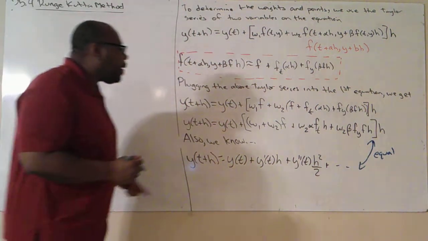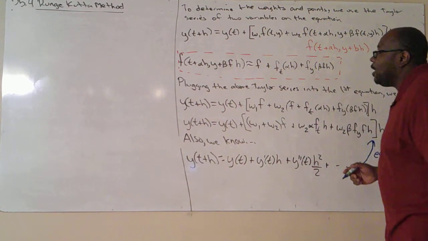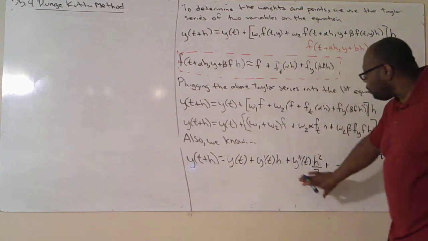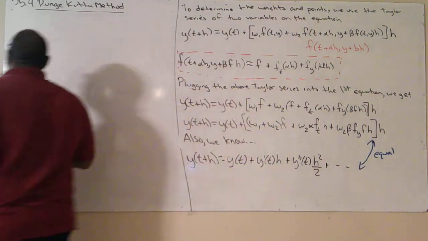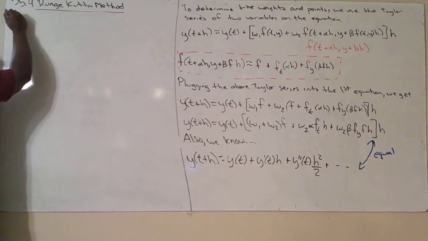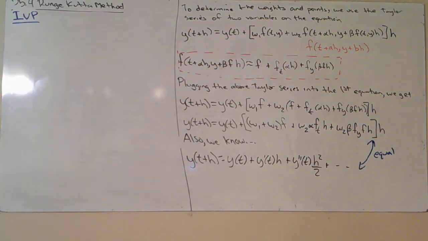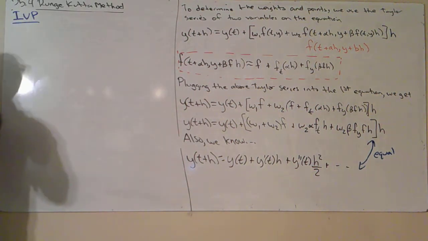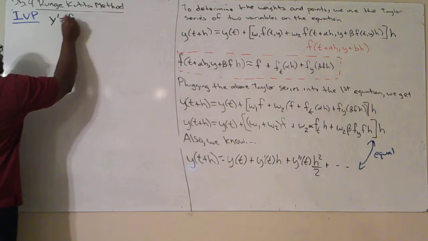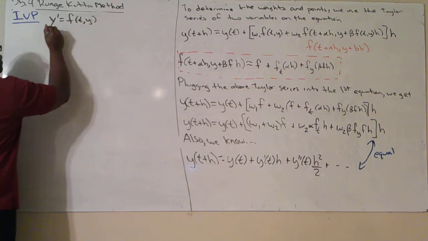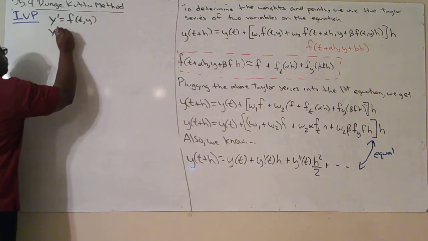Now, before I can create this system of equations, I need to realize what is y prime of t. Let's do something first. What is y prime of t? Now remember our differential equation, our initial value problem. Our initial value problem was this: y prime is equal to f of t, y, with y of 0 equal to y0.